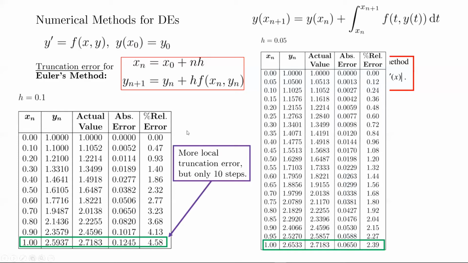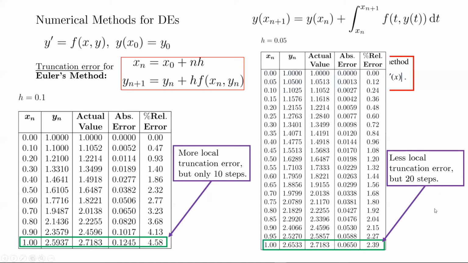So in this first table with h equals 0.1, each individual step has larger local truncation error, but it only has 10 steps. Okay, so there's only truncation error from 10 previous steps. If I halve the step size, this solution here has less local truncation error in every individual step, but I take double the amount of steps, so I have double the amount of compounding error.